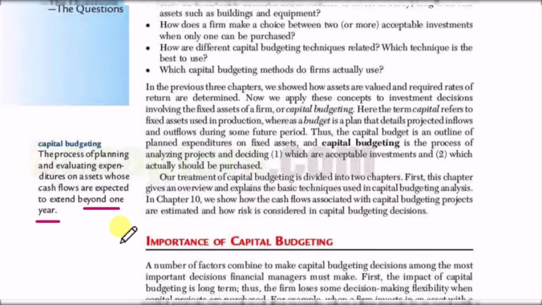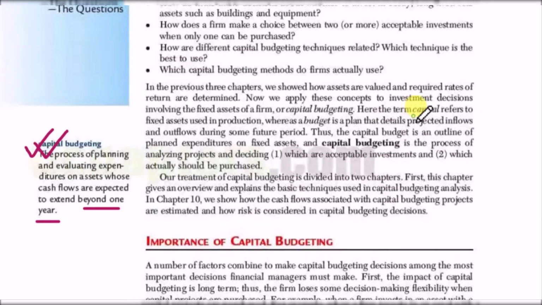Capital means an investable amount with maturity of more than 1 year. So capital budgeting is the process of planning and evaluating expenditures on assets whose cash flows are expected to extend beyond 1 year.